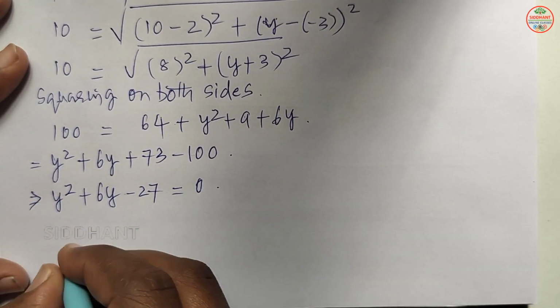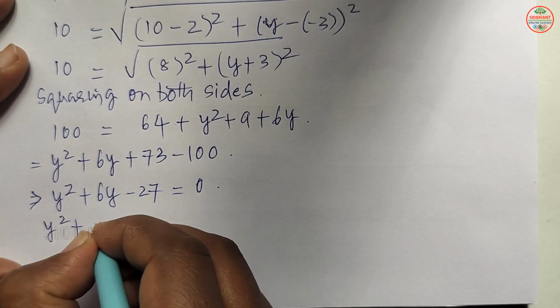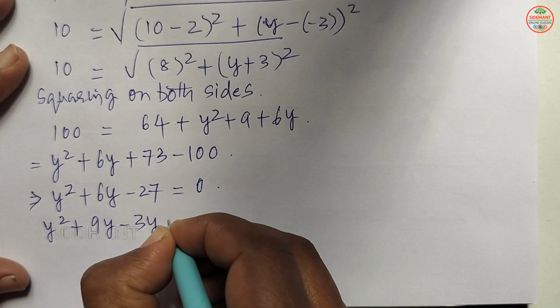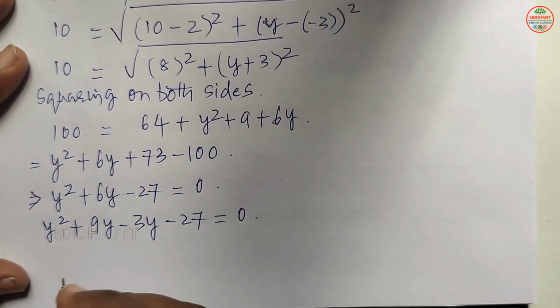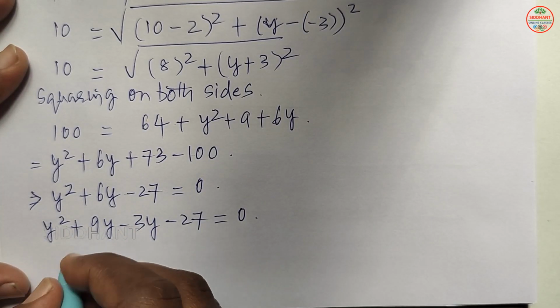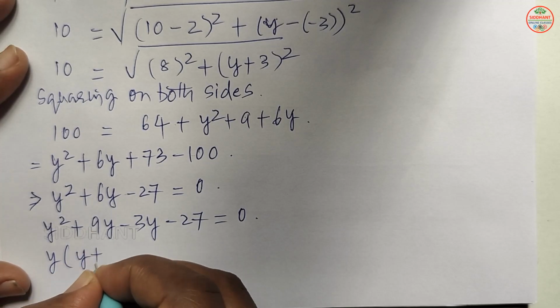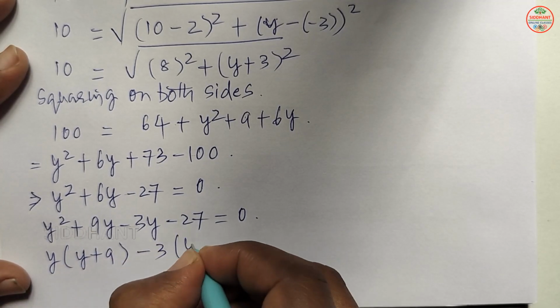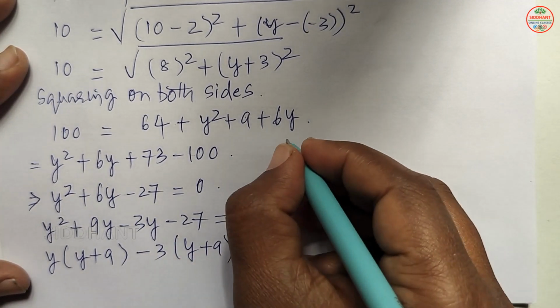Finding the roots, y square plus 9y minus 3y minus 27 is equal to 0. Taking y common, we get y plus 9, and taking minus 3 common, y plus 9.